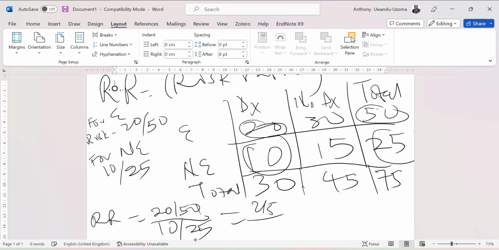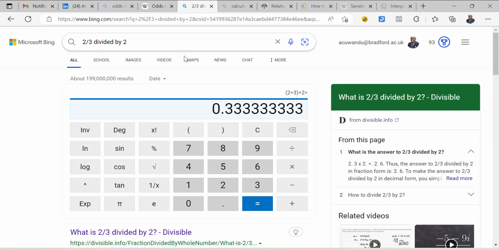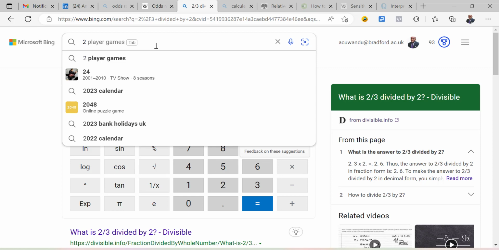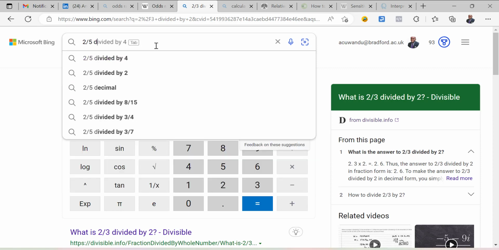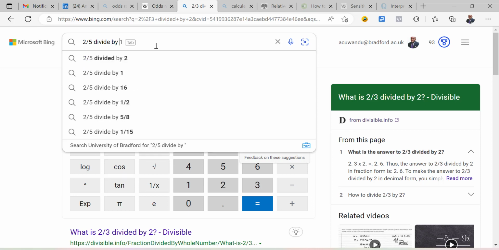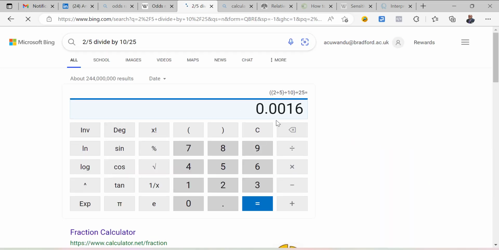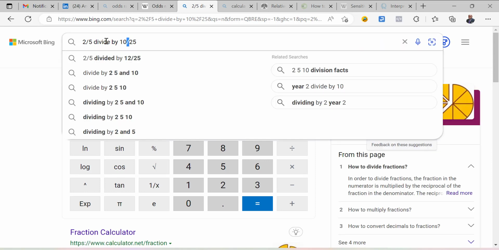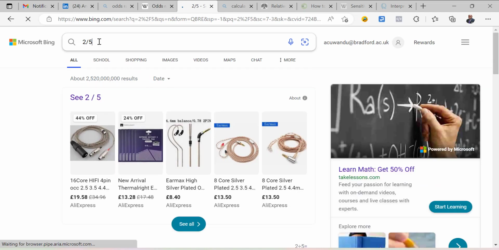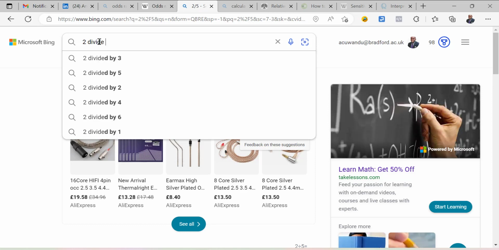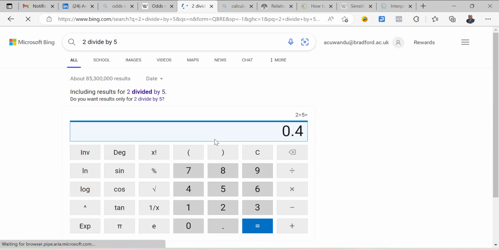So you punch these figures. You have 2 over 5 divided by 10 over 25. 2 over 5 is 2 divided by 5, which gives us 0.4.